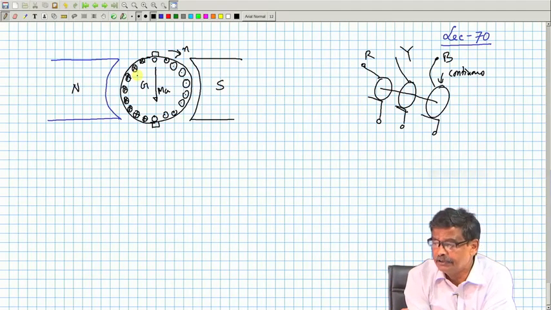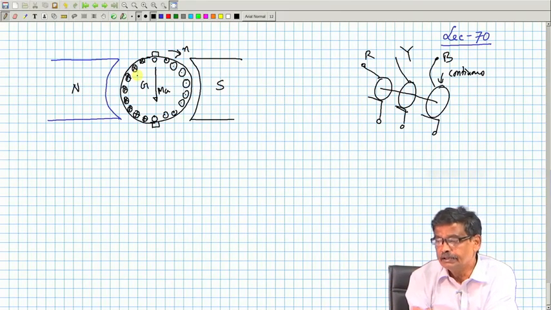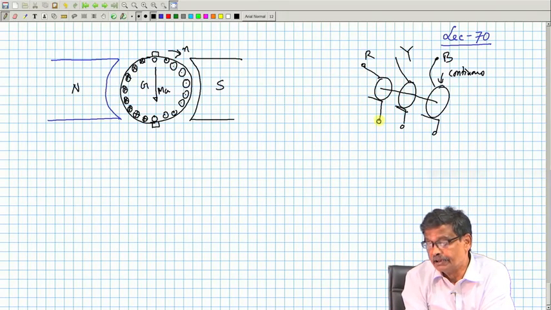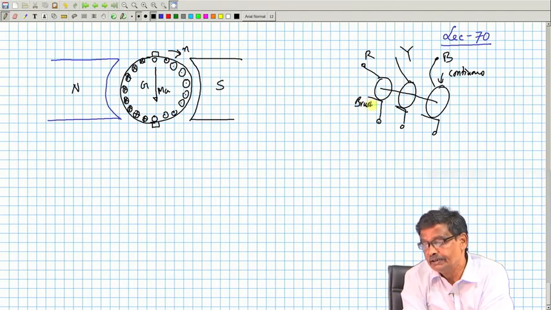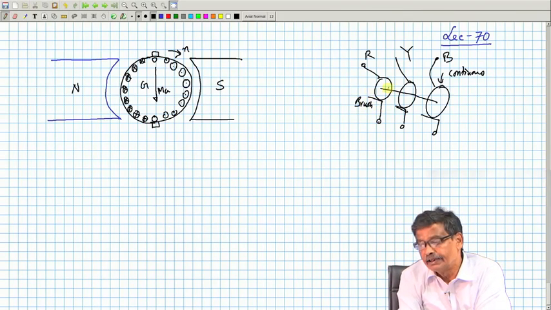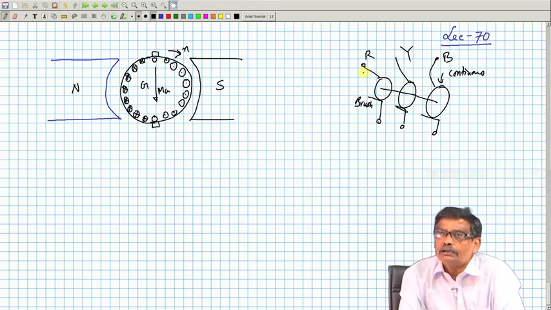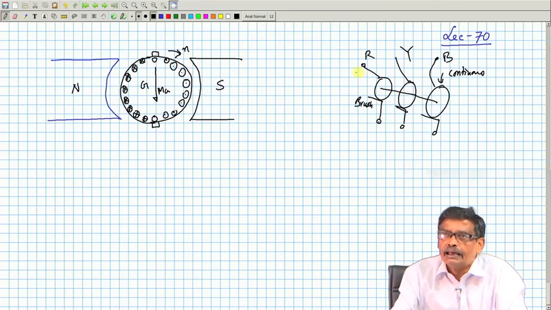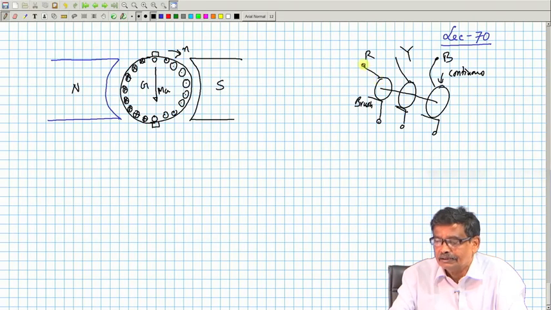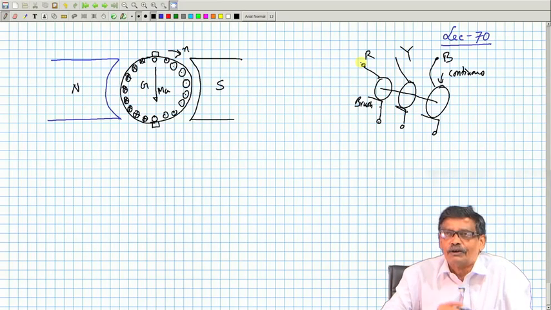What is the fundamental difference between these two connections? Here, each terminal from this is brush in this machine, it is always connected to a particular coil end. As the coils move, it is always connected to that fixed coil, one side of a fixed coil.